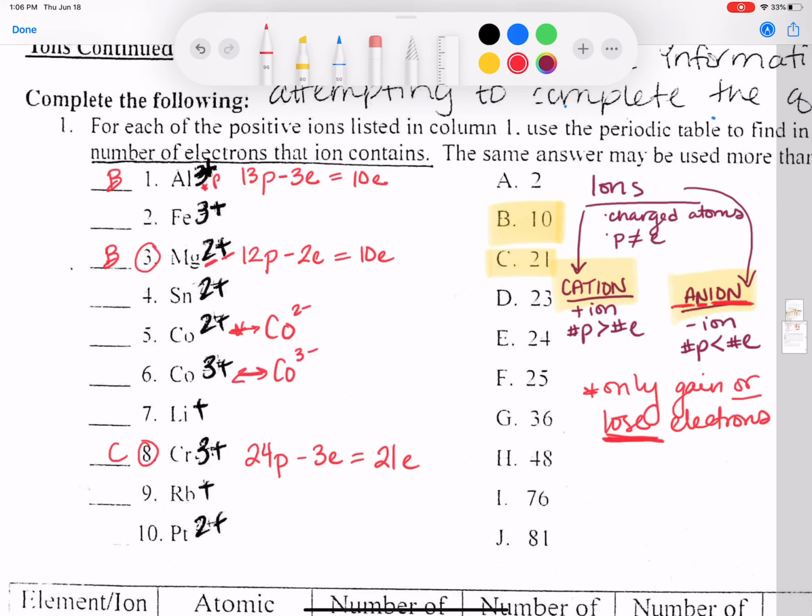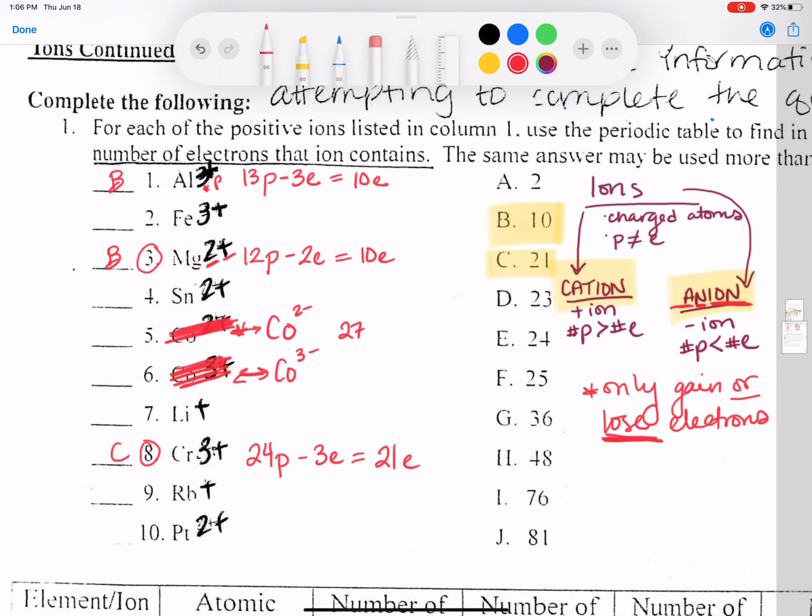I'll cross out the old ones so you don't get confused. No matter what, if I'm cobalt, I have 27 protons, because that's my Z number.